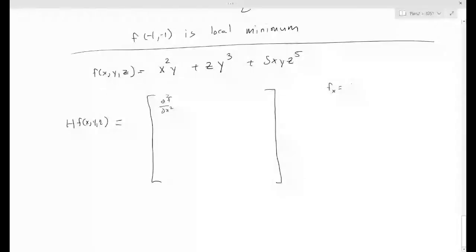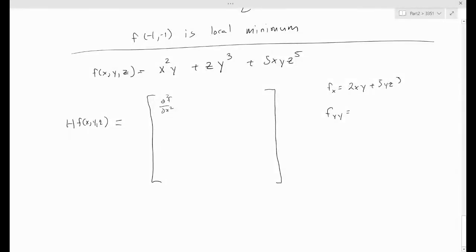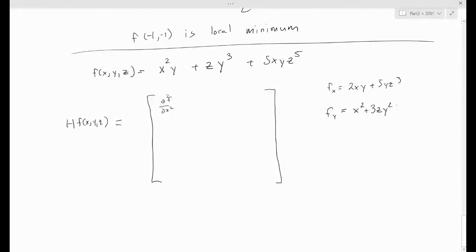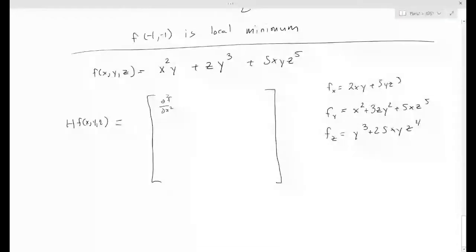I would first find all the first order derivatives. And then you would find the second order derivatives.